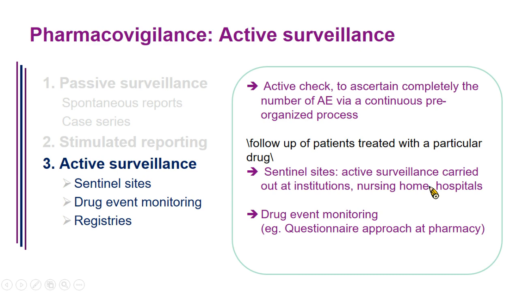So let's go back to the other pathway. The third one I would like to mention is active surveillance, which includes sentinel sites. For example, active surveillance is carried out at a nursing home or hospitals, and also registries for a drug event monitoring approach.